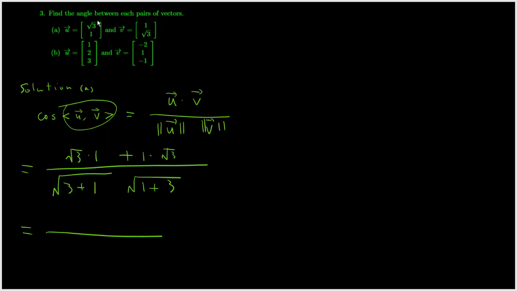Okay, now we're ready to get the answer to the cosine value of the angle between the two vectors. On the numerator, you have 2 square root of 3. You can follow me, I guess. On the denominator, you have 2 times 2. Square root of 4 is 2. You have 2 times 2, I believe you have 8, right?